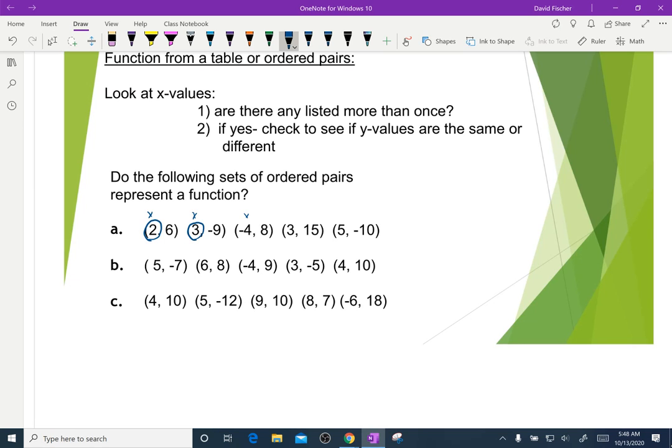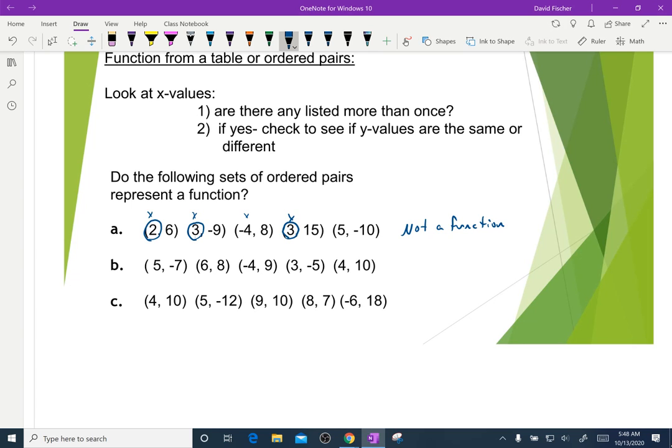And I'm looking at my x's, and if I ever have a repeat, for example, here I have a repeat, 3 and 3. So 3 has a y value of negative 9, and over here 3 has a value of 15. So this is not a function. Do they ask us to say why? Nope. They just ask if it's a function or not.